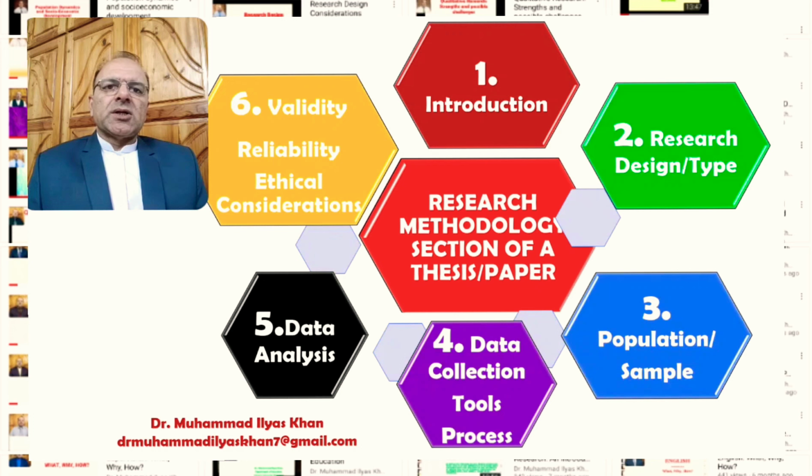Whatever data collection tools are used, we need not only to mention what data collection tools have been used, but we also need to rationalize and justify the use of particular data collection tools. So if you are using, for example, interviews, you need to justify why it is important that you have used interviews rather than questionnaires or observation in your research study.